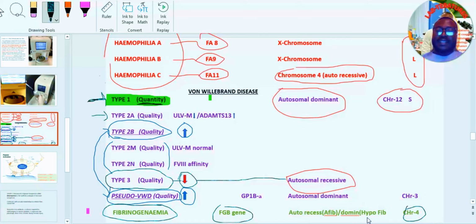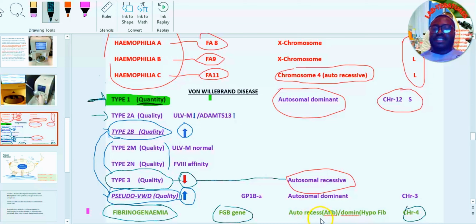And this is the idea. In the production of the fibrinogen polypeptide, there are 3 paired chains: the alpha chain, the beta chain, and the gamma chain. The fibrinogen beta chain is the subunit whose malfunctioning or malproduction this aberration leads to.